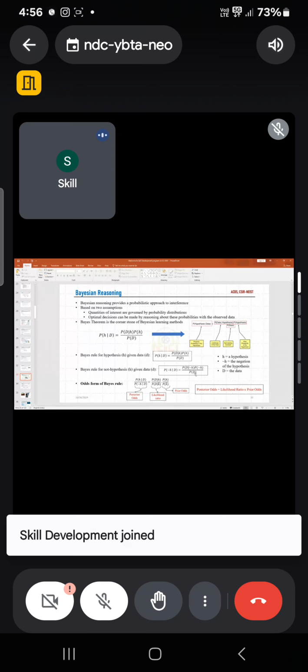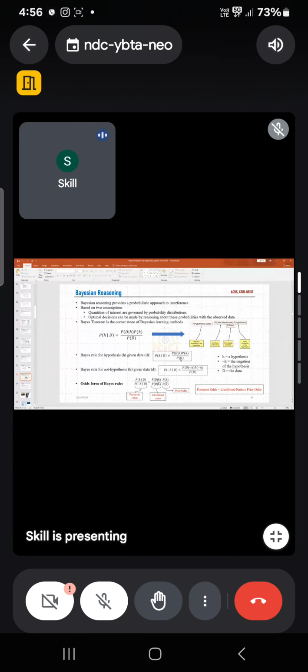So for not hypothesis, we can use this formula. One is hypothesis and one is not hypothesis, so it is the opposite of that. The formula is kind of the same, but the hypothesis is not holding. So this we can use.